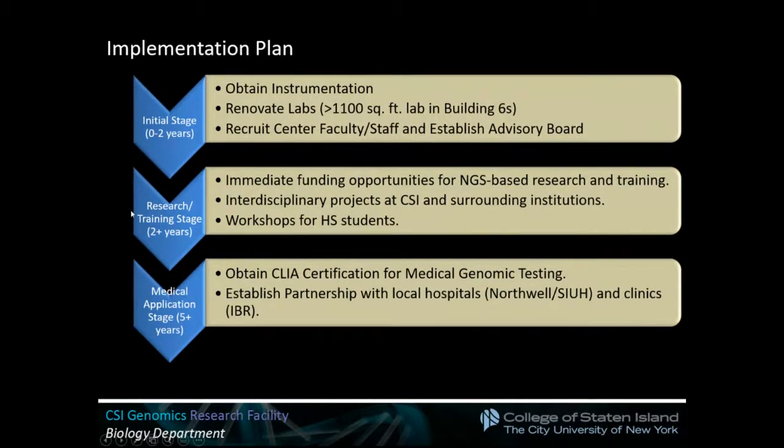Especially students can benefit from this facility because they can really learn NGS technology. And as you can see with this pandemic, it is so important that you can collect a sample, purify the genomic material, either DNA or RNA, and then perform DNA sequencing.